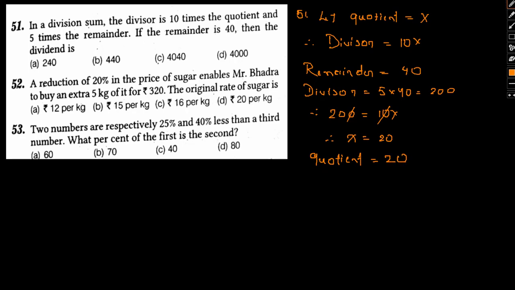Okay, so now what are we supposed to find? The dividend. We are supposed to find the dividend. So the dividend can be given as dividend will be equal to divisor into quotient plus remainder.